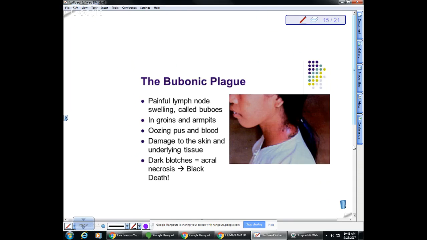So about 1/3 of the people died off because of bubonic plague. And so it is due to a bacterial infection of the lymph nodes. And so it causes these painful swellings, and it causes the tissue to die. And that is what is referred to as necrosis.